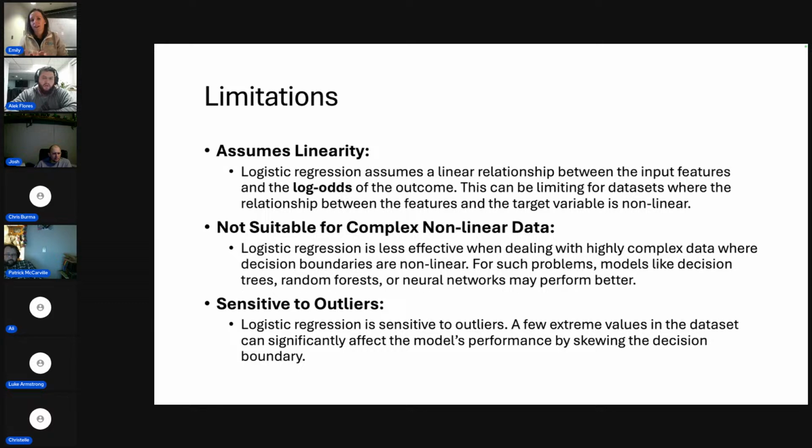Because it's based on that linear regression formula, we are assuming a linear relationship between input features and the log odds of the outcome. I think there are some problems that are really complicated.